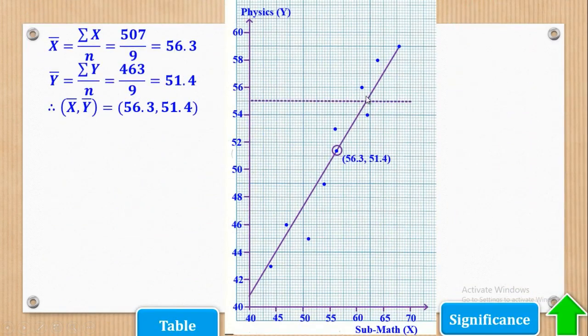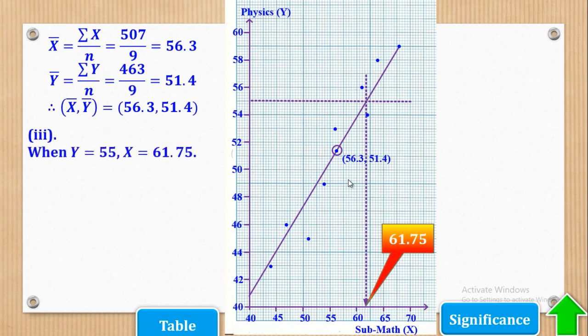Then where it meets this line of best fit, we take a vertical line downwards to meet the horizontal axis. Then we shall read off that value, and that will be the value of x. Therefore, we shall state that when y is 55, x is 61.75.